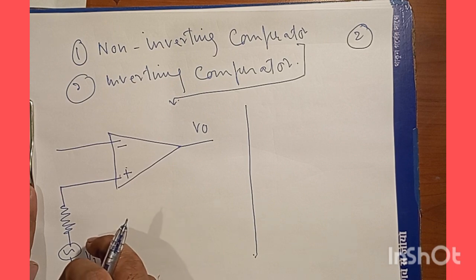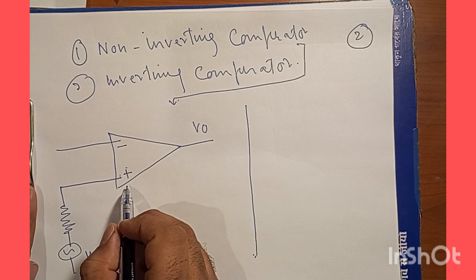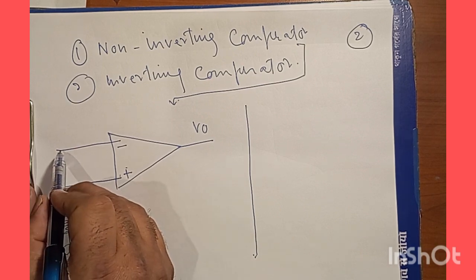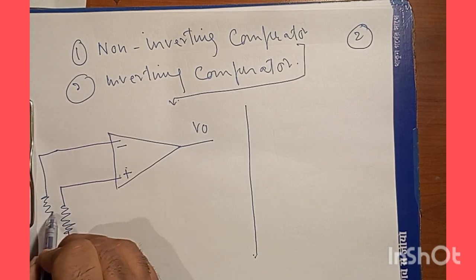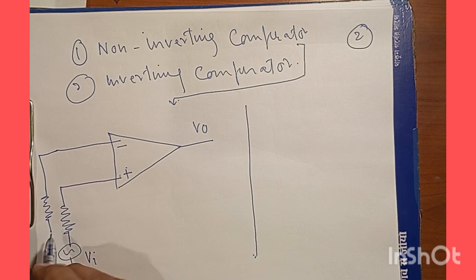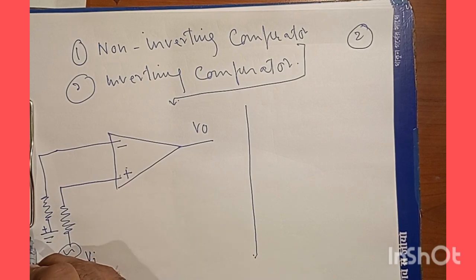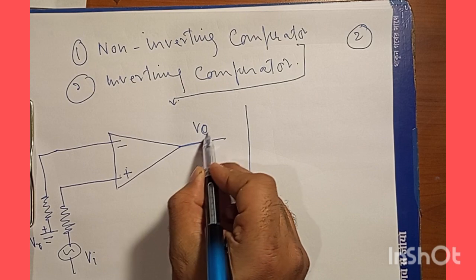So this input is given to the non-inverting terminal of this operational amplifier, and then we have the negative terminal, and we have to give the fixed voltage, the DC voltage, so it has to be positive. So here I have VR. Okay, so here we are going to get the output voltage.